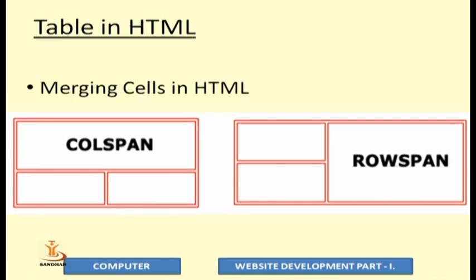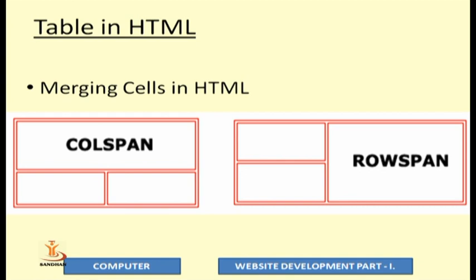Now moving ahead with HTML tables, normally when we write some table, we could see some cells merged. That idea is called merging cells in HTML. But to understand merging cells in HTML, we need to understand two specific attributes, called colspan and rowspan.